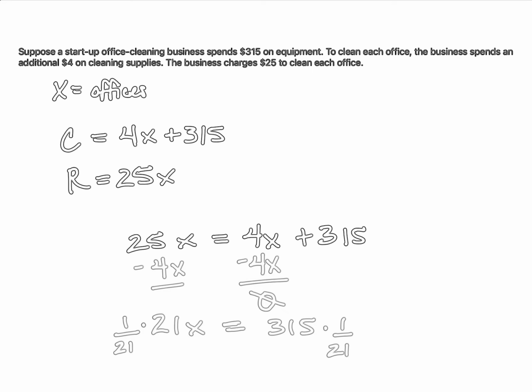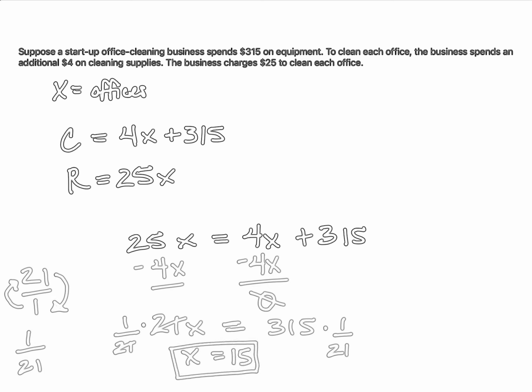If you don't know what the reciprocal is, if you've got 21, every number is over 1, and the reciprocal is flipping it, putting the 1 at the top and the 21 at the bottom. So if we multiply both sides by the reciprocal, the 21s cancel, and you get x equals 315 over 21, which is 15.